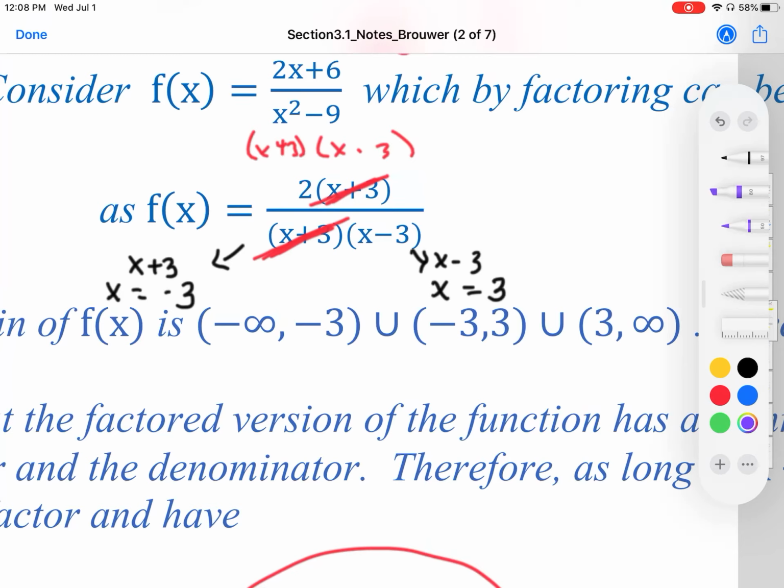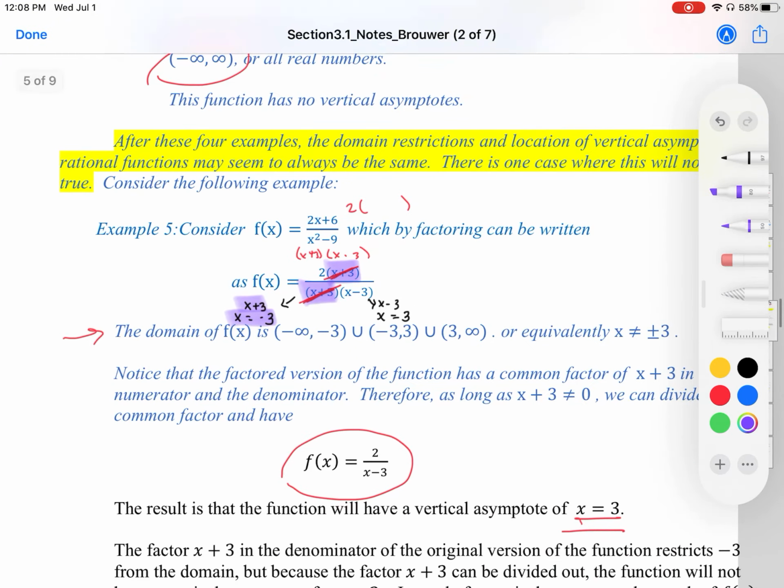However, the one that comes from this plus 3, thus being the x equals negative 3, this will be shown in your domain, as we see here. You go through the process, we draw our number line, we get negative 3 and 3, and we do our domain as usual. So this is our domain answer.